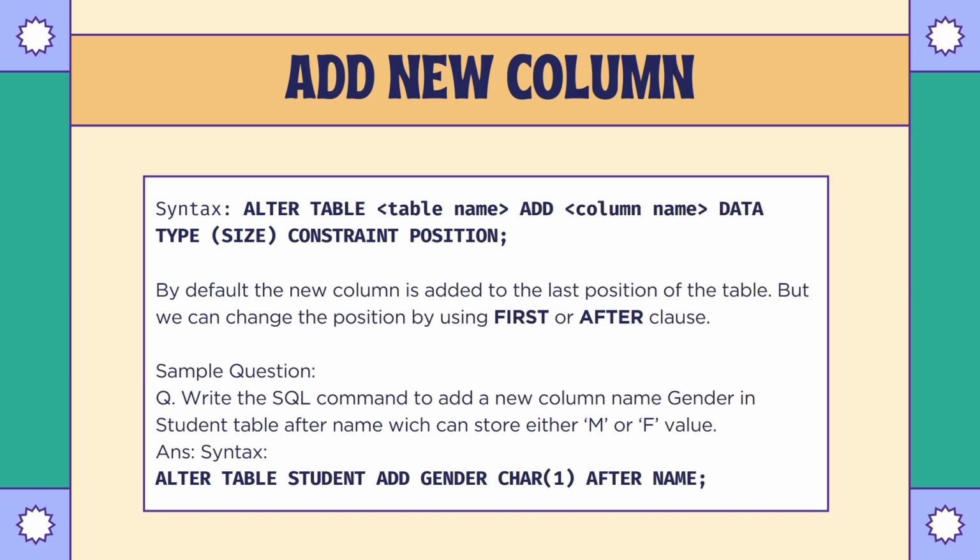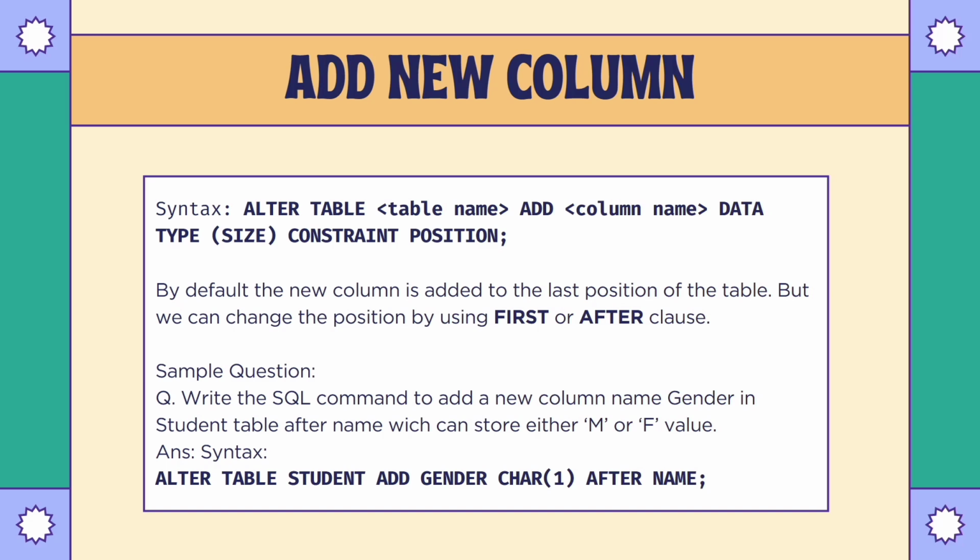By default, if we do not write the position, the column will appear at the last, and if we want a particular position we can write either first or after. First means the new field will appear as the first column, and if I write after name, then the new field will appear after the name column.